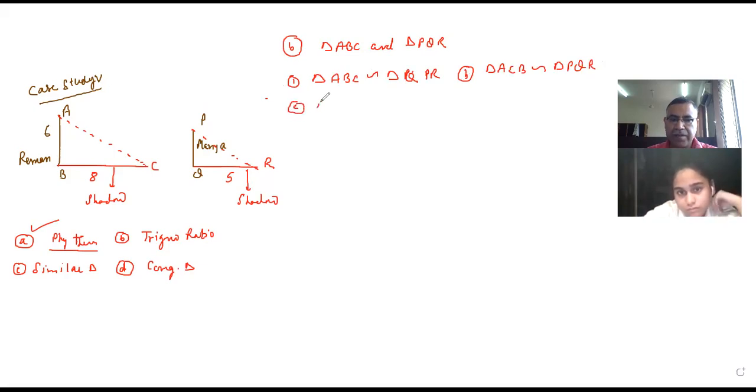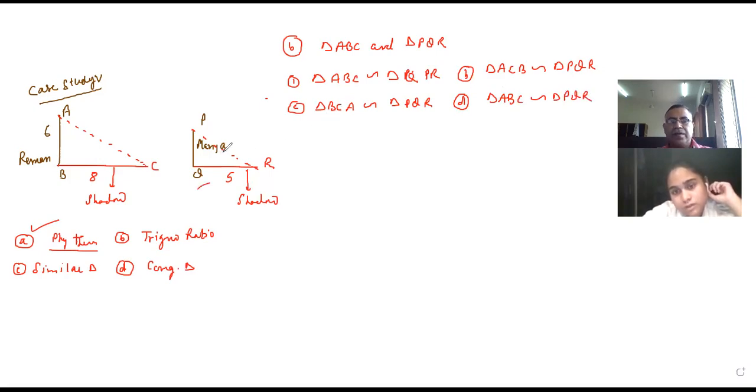C is triangle BCA is similar to triangle PQR. D is triangle ABC is similar to triangle PQR. So D. Yes, this is D, because if I go with A, I have to go with P. If I write B, I will go with Q. If I write C, I will write R.